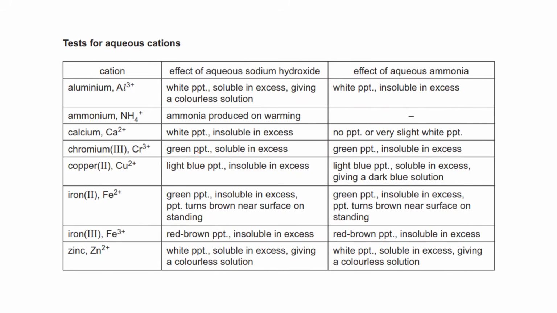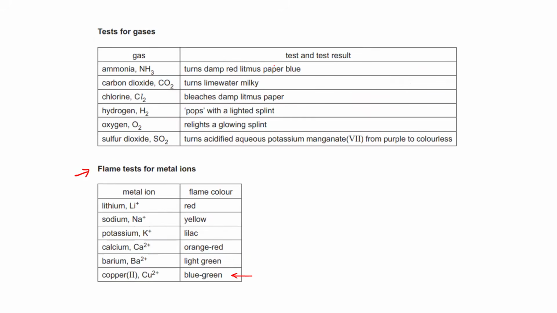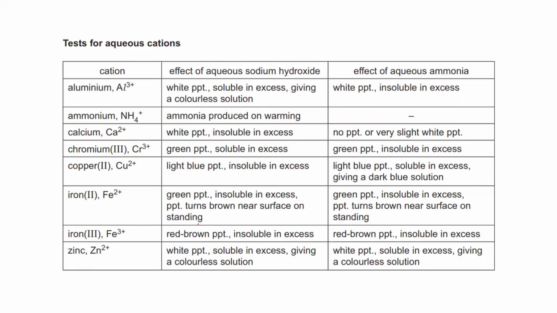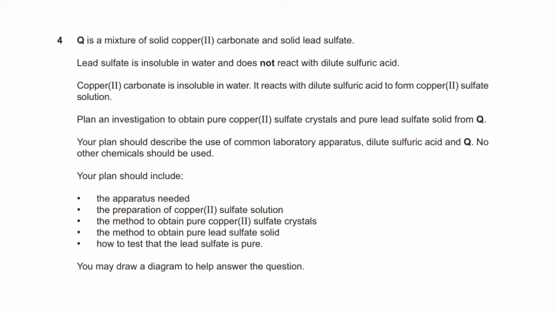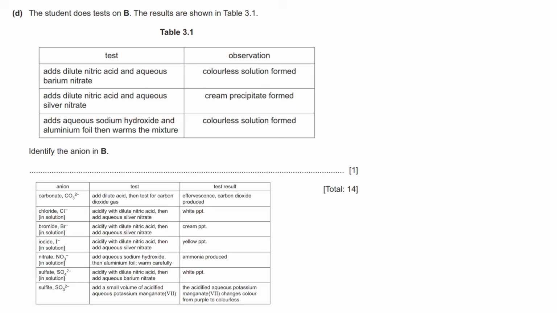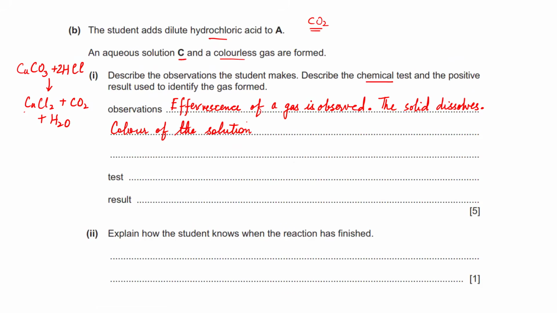Copper solution gives a milky, bluish green color. So this will be more of our choice. Carbonate with dilute acid is a test for carbon dioxide, effervescence. Okay, so the color of the solution will change to bluish green, or you can call it green.